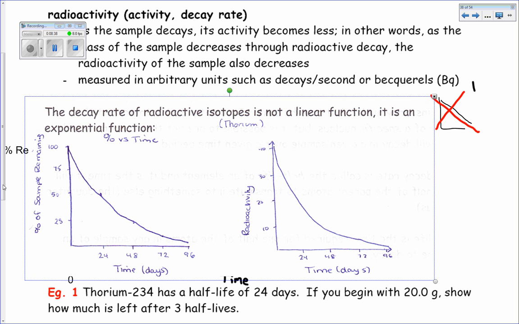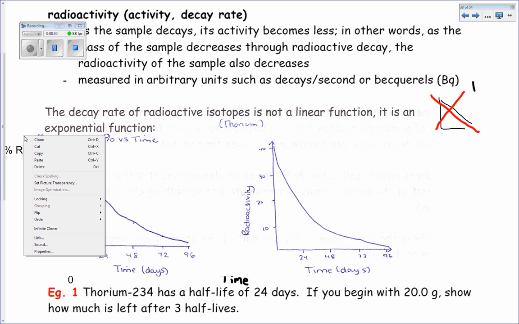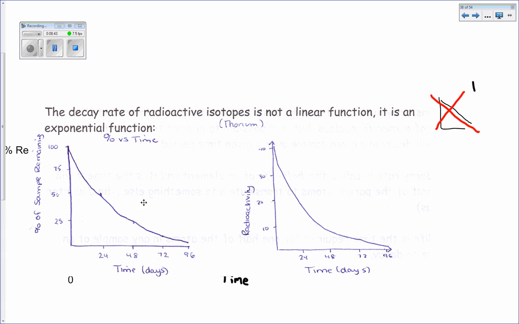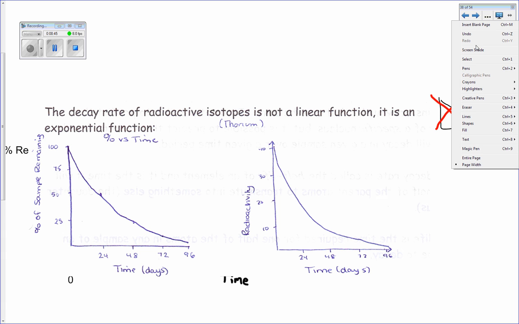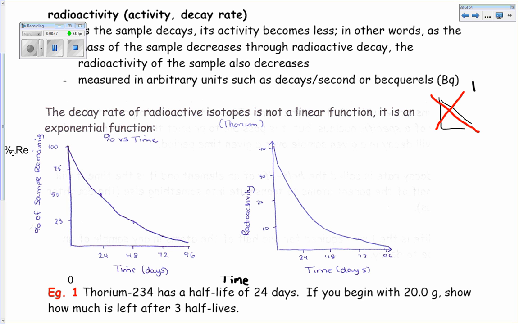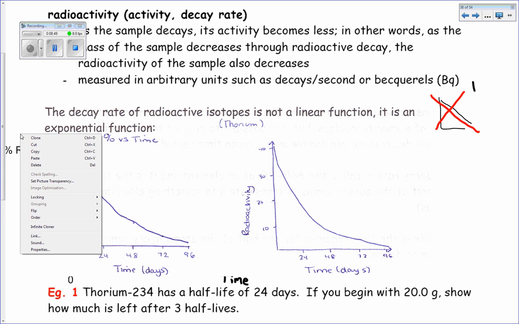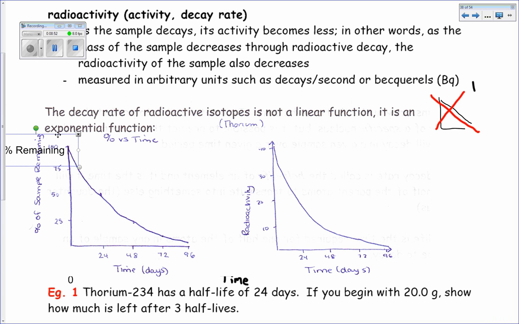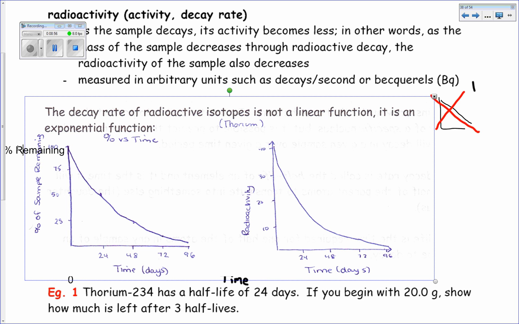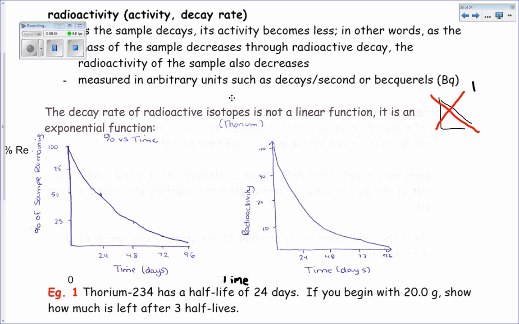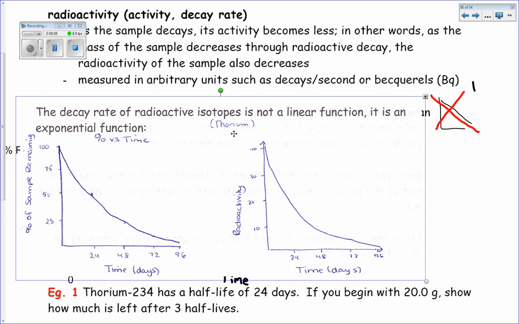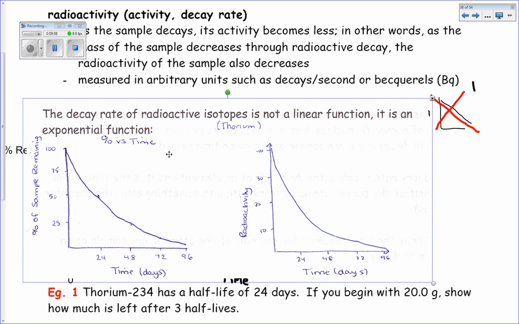So let's just use that instead because it's drawn a little bit better. Sorry, somehow the back of my screen disappeared there, and I was just trying to get rid of this. We'll ignore that. We'll cover it with stuff.